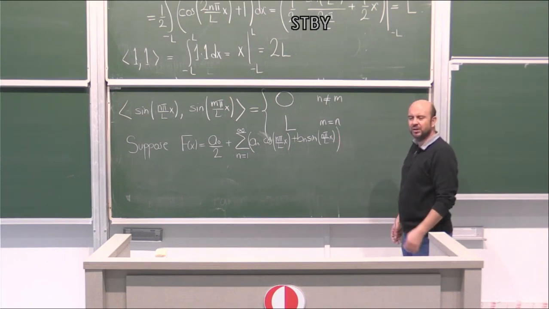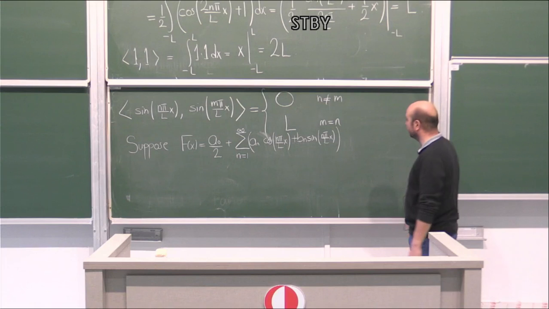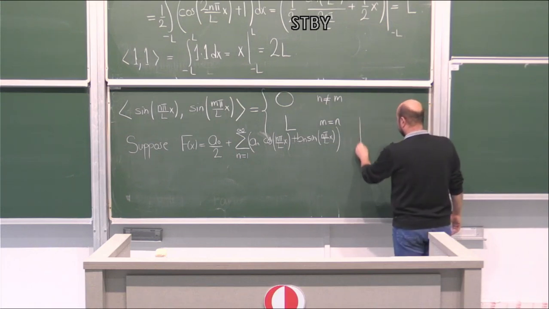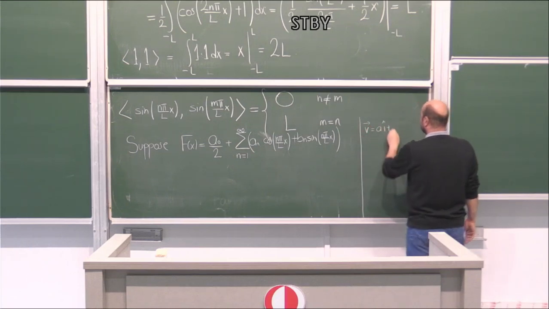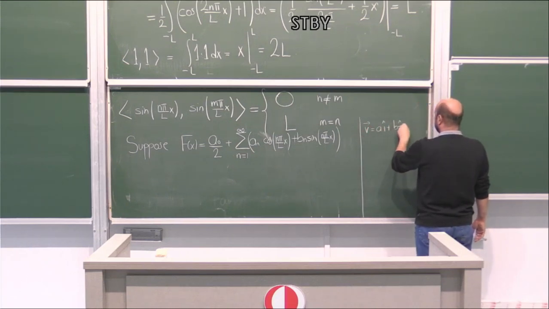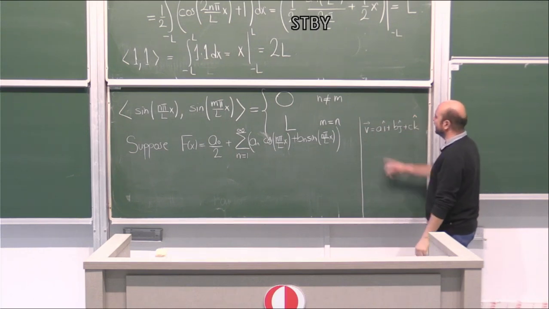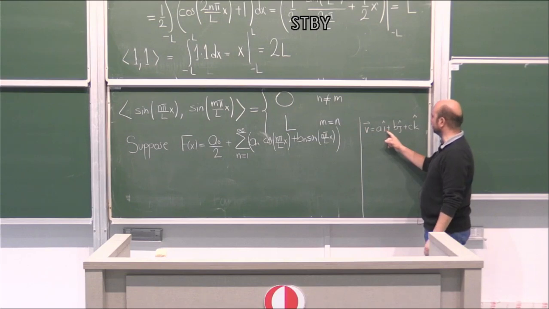But actually, now it is obvious because remember, V equals A i plus B j plus C k. So you want to express your vector in terms of i, j, k. What is special about i, j, k?